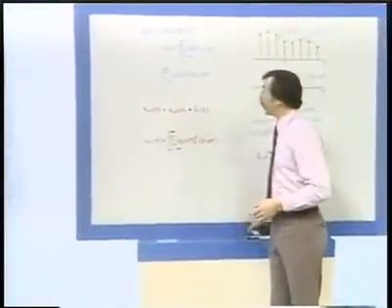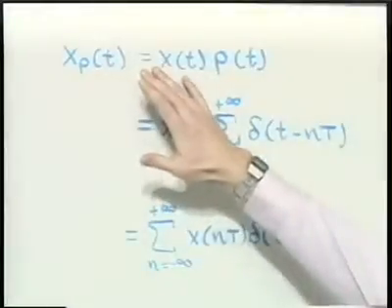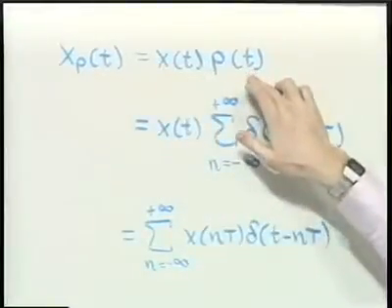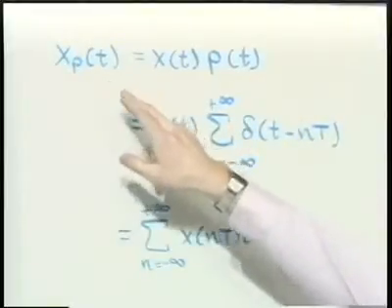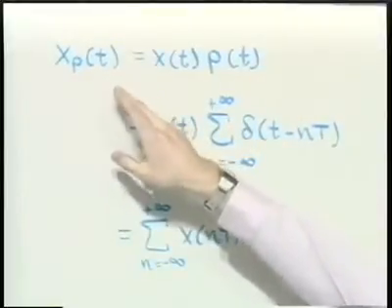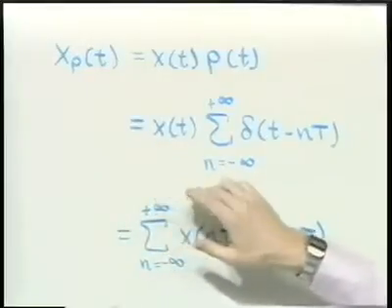In the time domain, we have our original signal multiplied by an impulse train, and this is the sampled signal, or the impulse train whose areas are equal to the sample values.